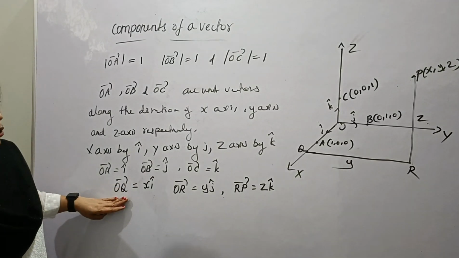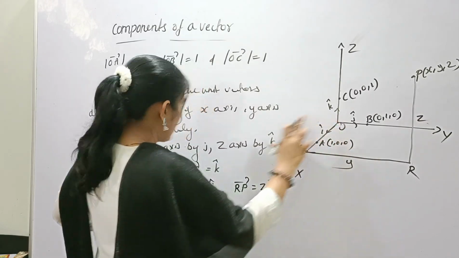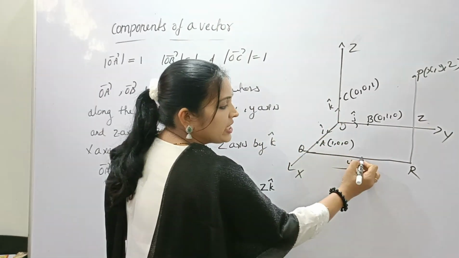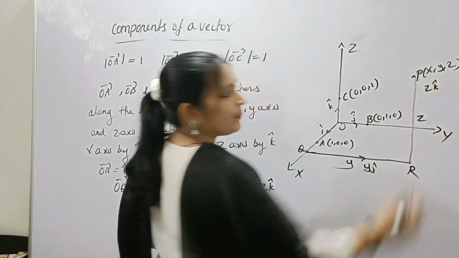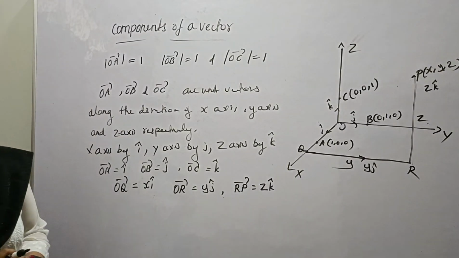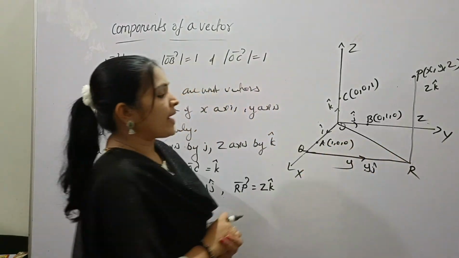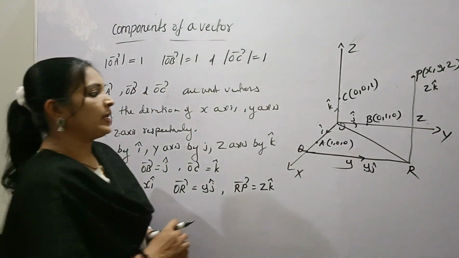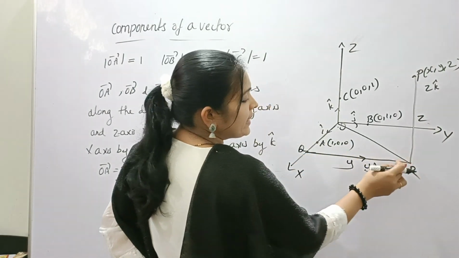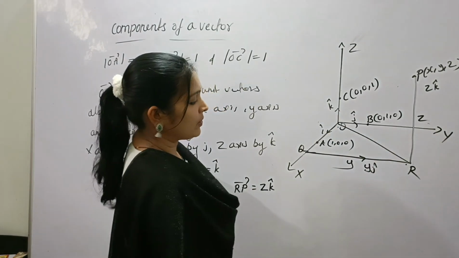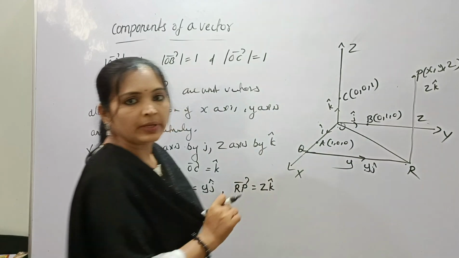So vector OQ is x i cap, this vector is y j cap, and vector RP is z k cap. Then, by the triangle law of vector addition, we can write vector OQ plus vector QR is equal to vector OR.